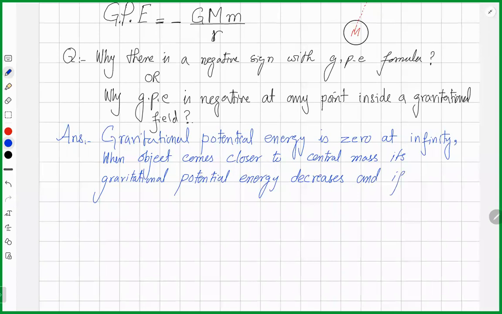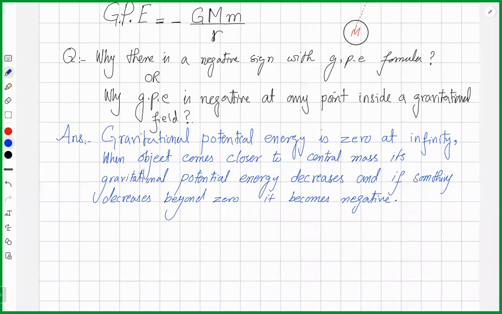And if something decreases beyond zero, it becomes negative. Does this make sense? Is it understandable?